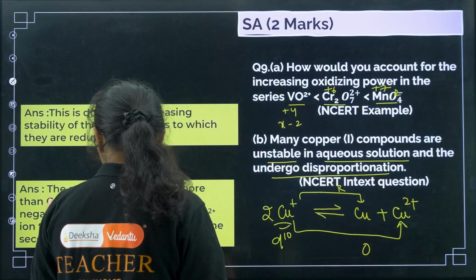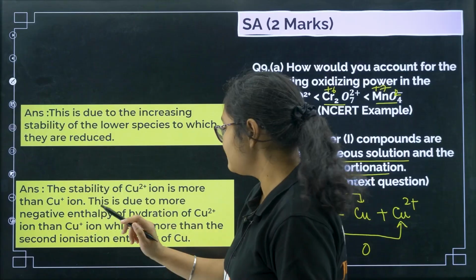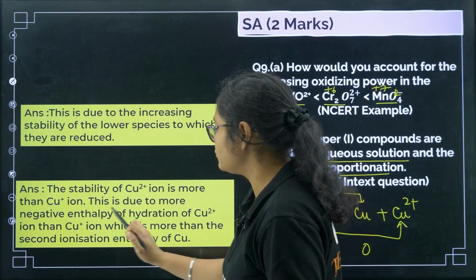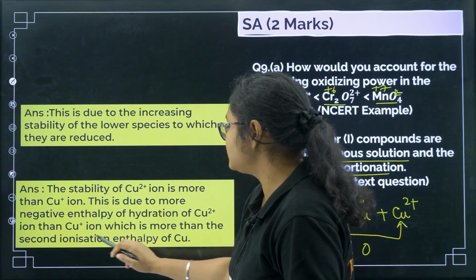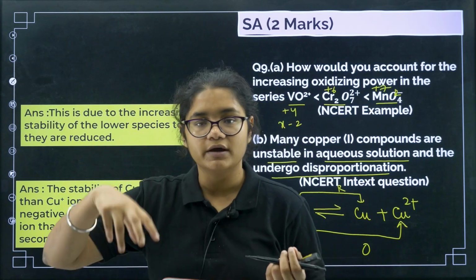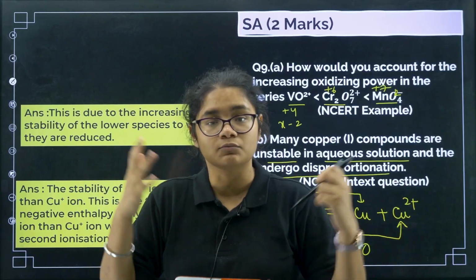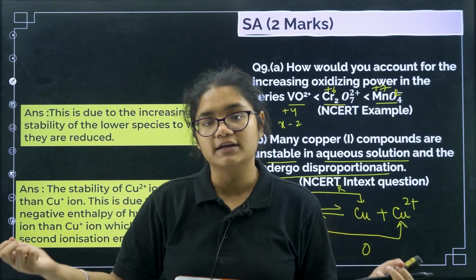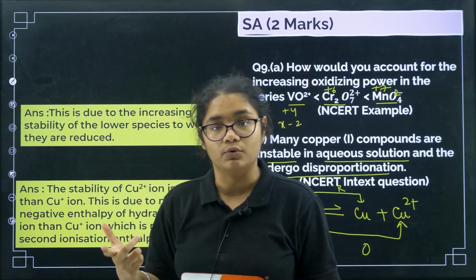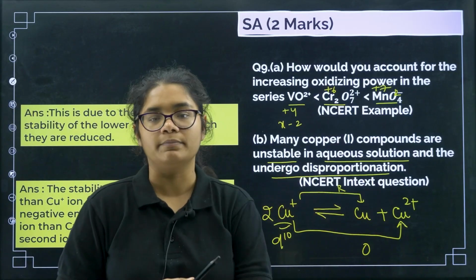So you can see the stability of the Cu2 plus ion is more than the Cu plus ion in aqueous medium. This is due to the more negative hydration enthalpy of Cu2 plus than Cu plus, which is more than the second ionization enthalpy of copper. So when they go into the aqueous medium, Cu2 plus loses more energy, and if it loses more energy it becomes more stable, right? So the hydration enthalpy of Cu2 plus is more, that is why it is more stable, and that is why Cu plus converts to Cu2 plus.